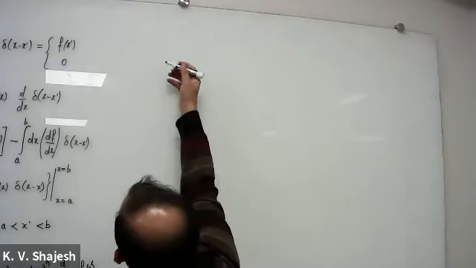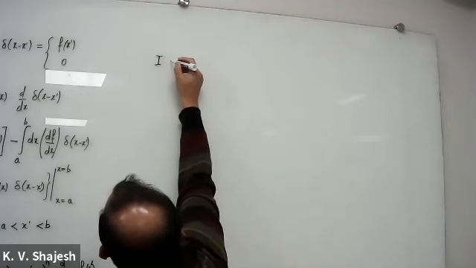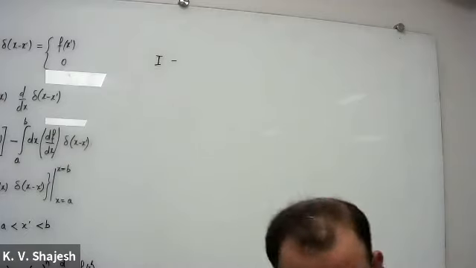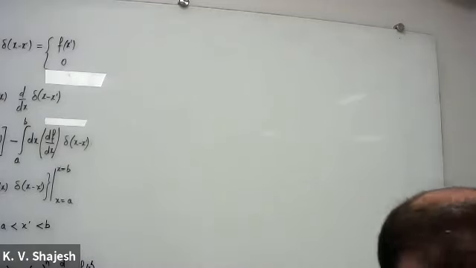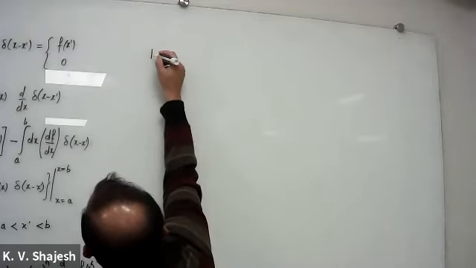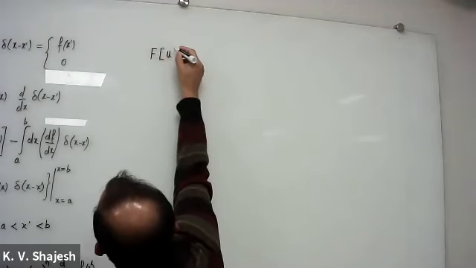Okay, let's do an example. The first example is, let's say, I is equal to, not I, because now we want to do a functional. So this is a functional. I, or F, is a functional of u.